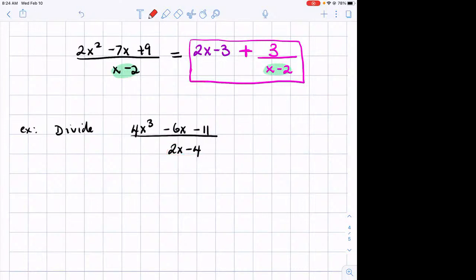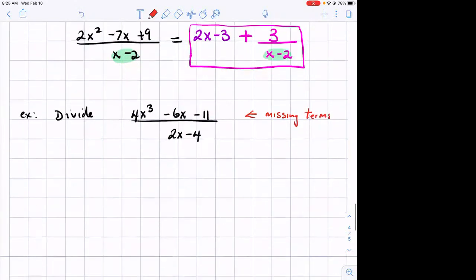Now, if you look at this top term, we have missing terms. There's an x squared term missing. So when you fill in a missing term or placeholder, it's always a plus.